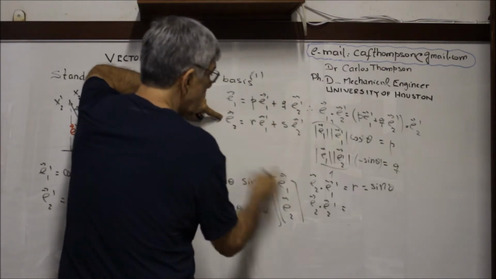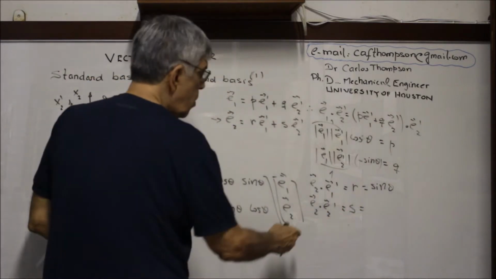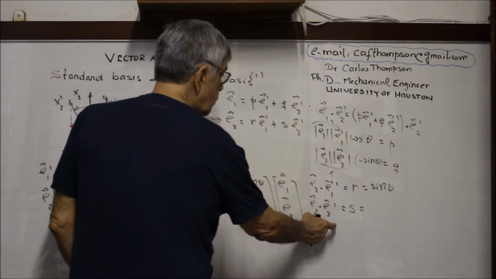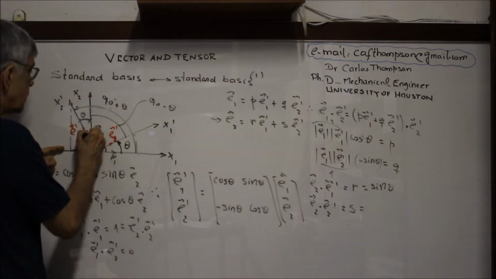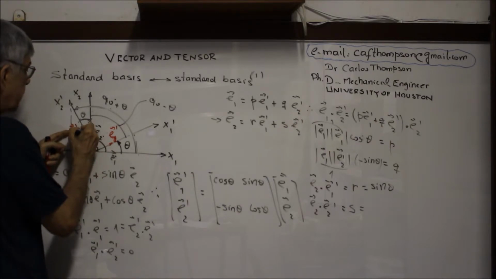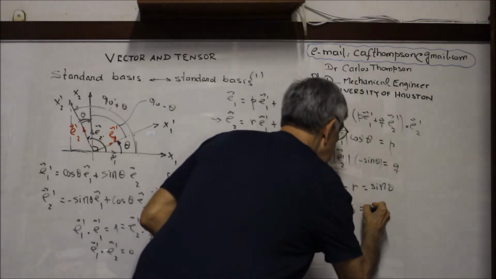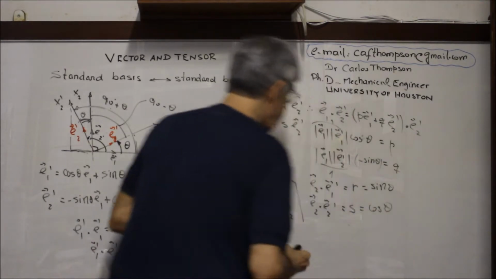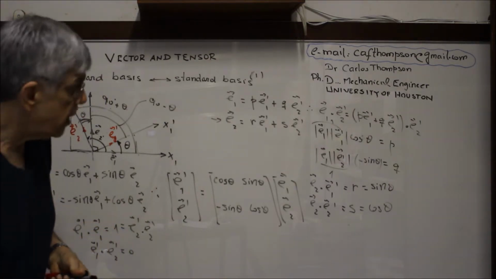So E2 dot E2 prime will be S. Now, what's the angle between E2 and E2 prime? This is E2, this is E2 prime. That's the angle, so this will be cosine of theta.